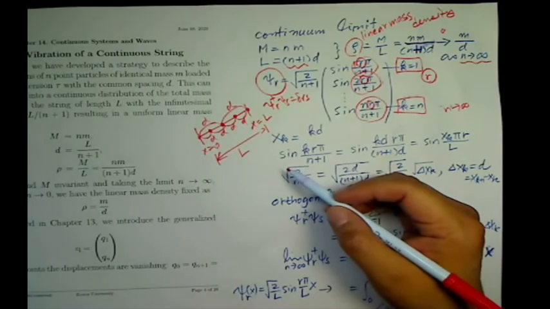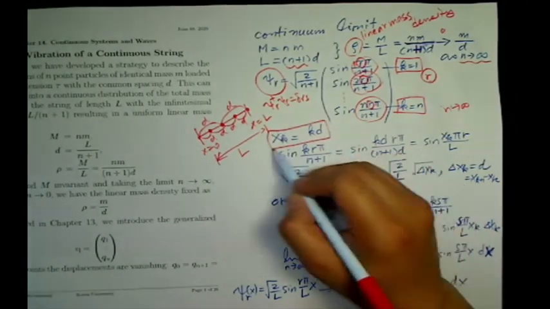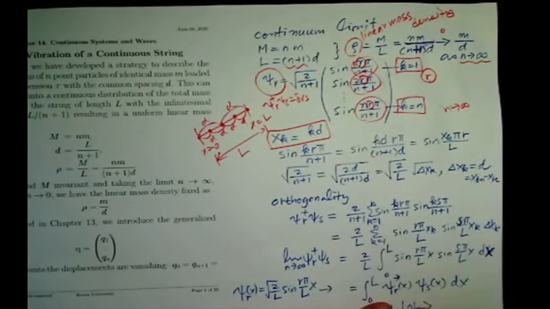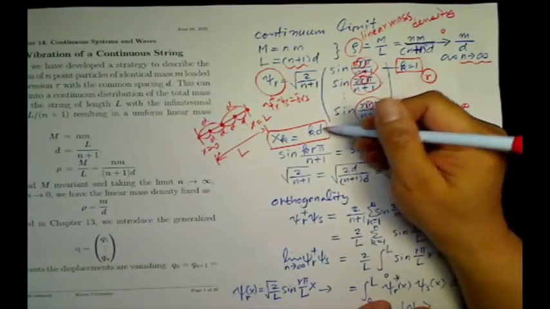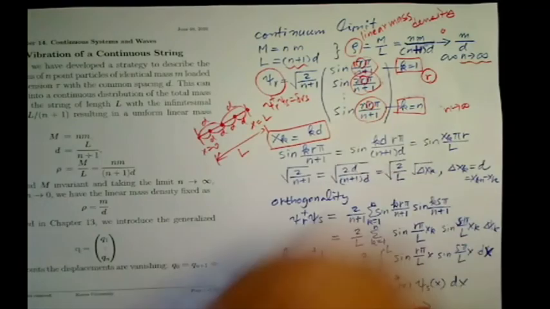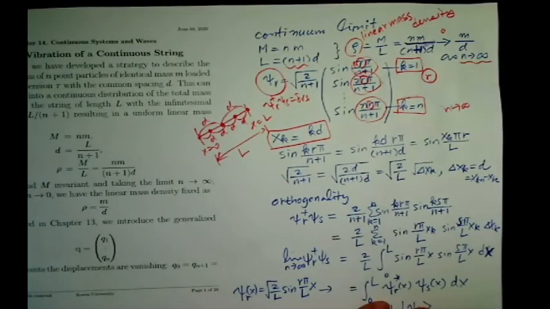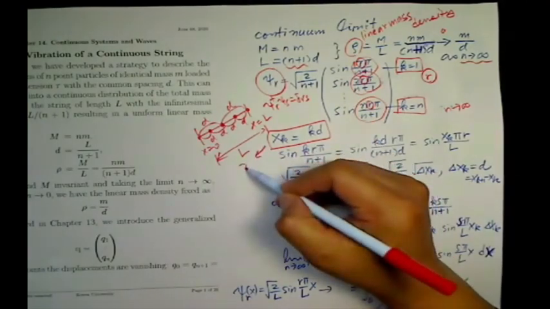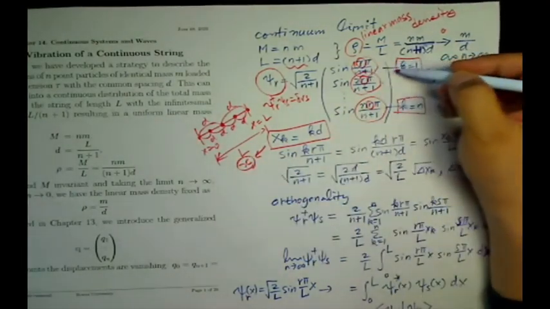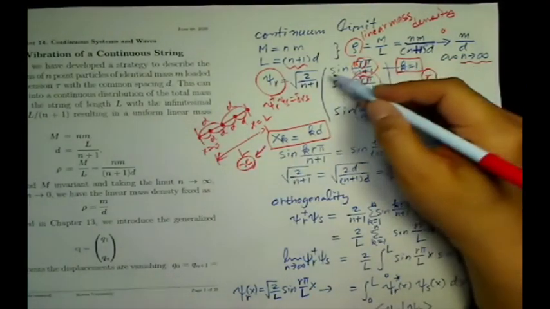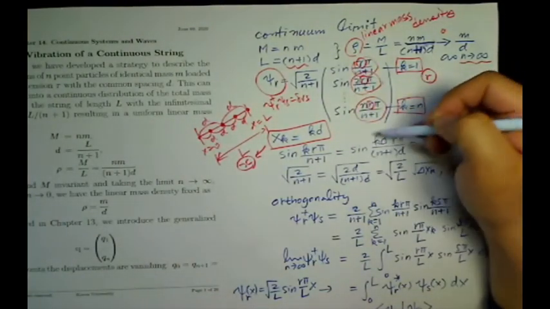When we introduce a continuous variable, this is a kind of sequence. As d goes to 0, this sequence x_k becomes a continuous variable. So we introduce a real variable x to identify the row number of this column vector.